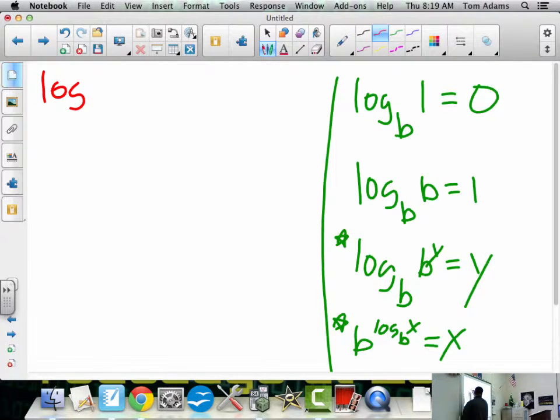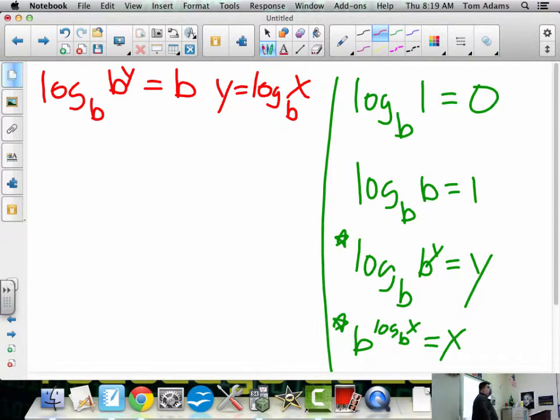So, if I say log base b of b to the y equals y, remember that we're saying y is equal to the log base b of x, okay? And that relationship is b to the y equals x.